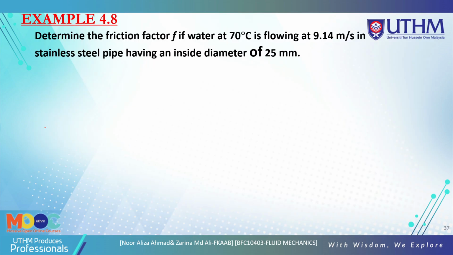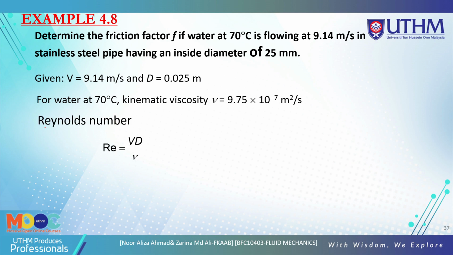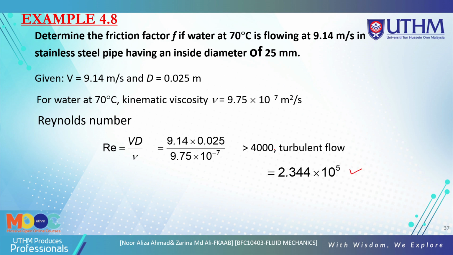Now we look at the example to get the friction factor based on the Moody chart. First you must find the Reynolds number based on the velocity given. You get the Reynolds number here, and this is more than 4,000, so it is turbulent flow.